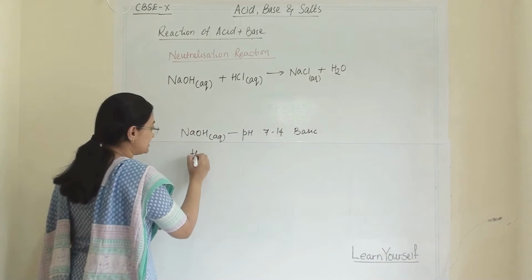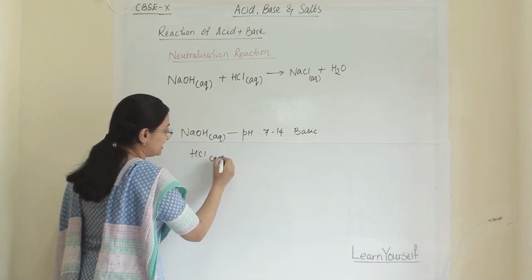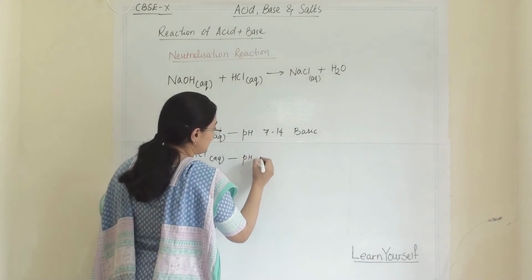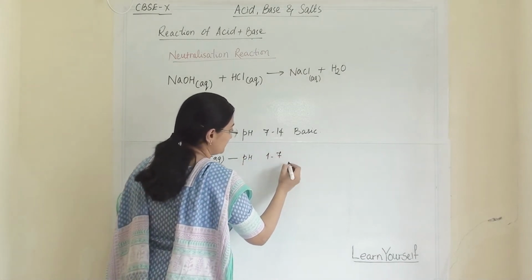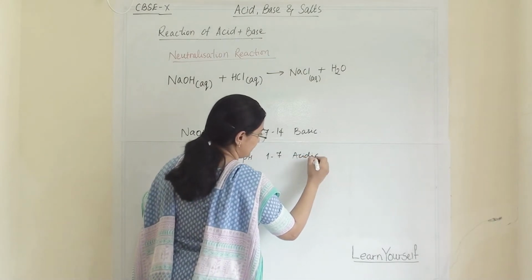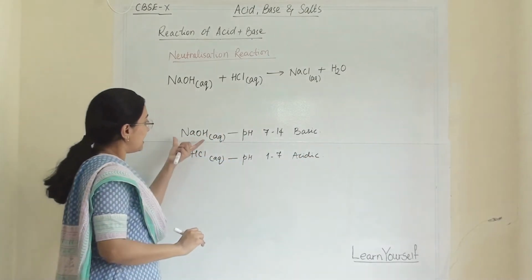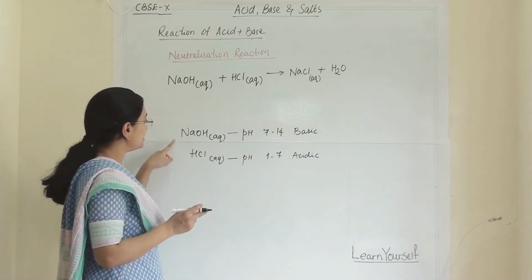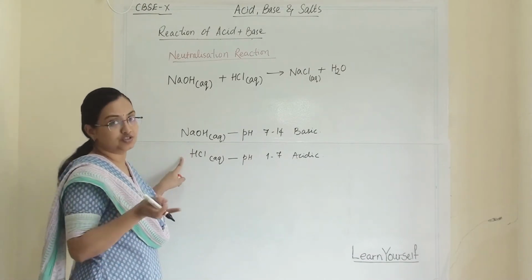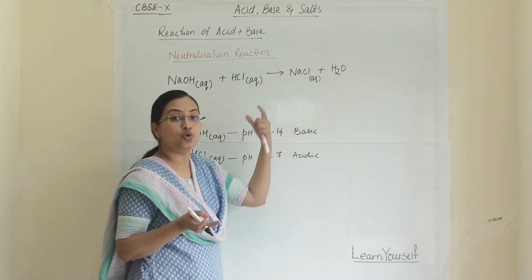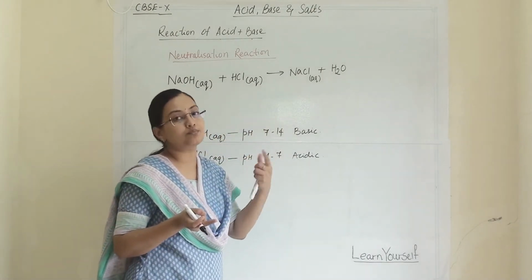When HCl is there, we are taking it in aqueous phase, then the pH will be between 1 to 7. So that means it is acidic. When NaOH and HCl both mix together, they will nullify the effect of each other. That means the medium of the solution will no longer be acidic or basic.